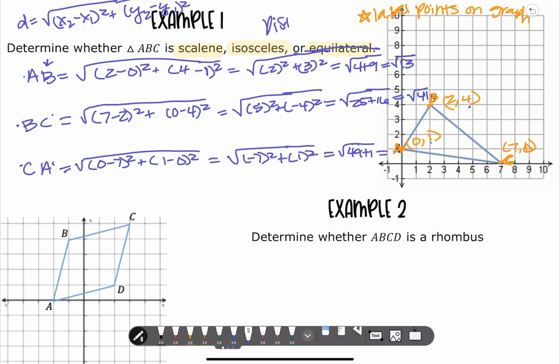Well, that would just be 50. And the square root of 13, the square root of 41, the square root of 50 are not going to all equal the same thing. Therefore, it's not even an isosceles. This is, in fact, a scalene triangle.